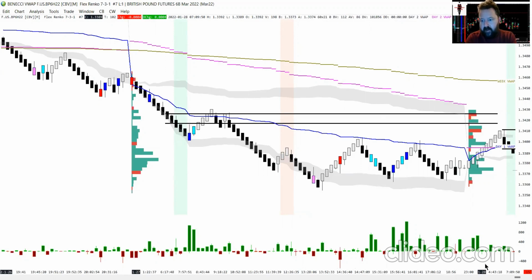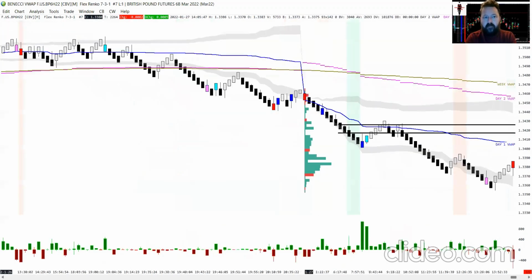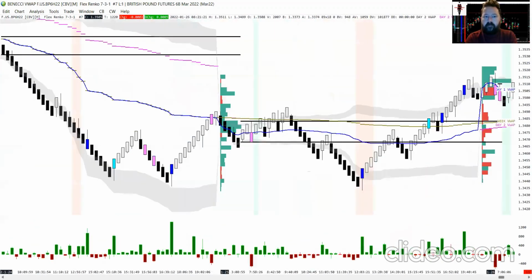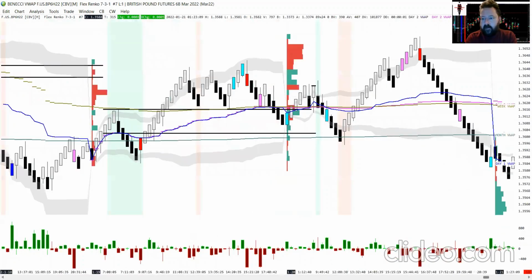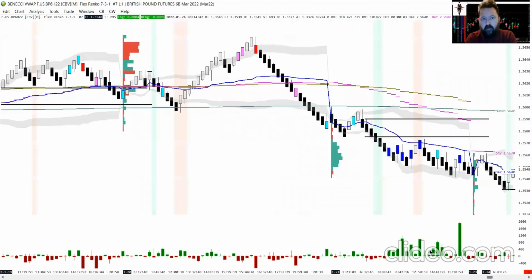Now, if we go back and find, look, this would be a good example. And then when we've got magenta, that means there's a lot of sell side delta, so a lot of aggressive market participants trying to get short. And then when you see the red one like this, that means there's high sell side delta and high volume.